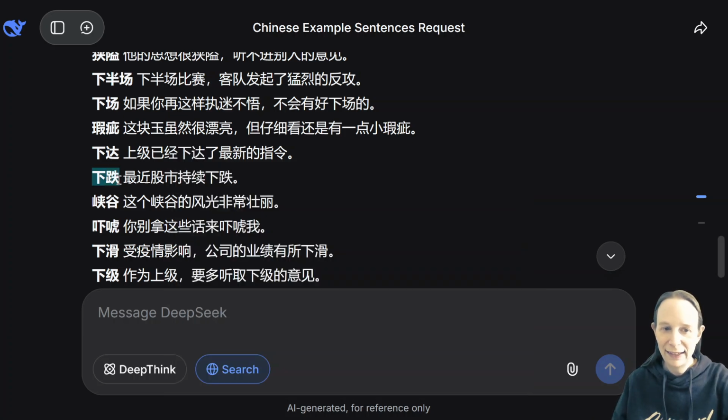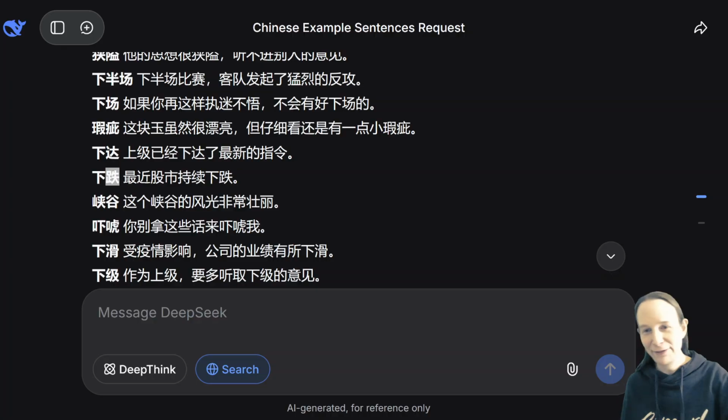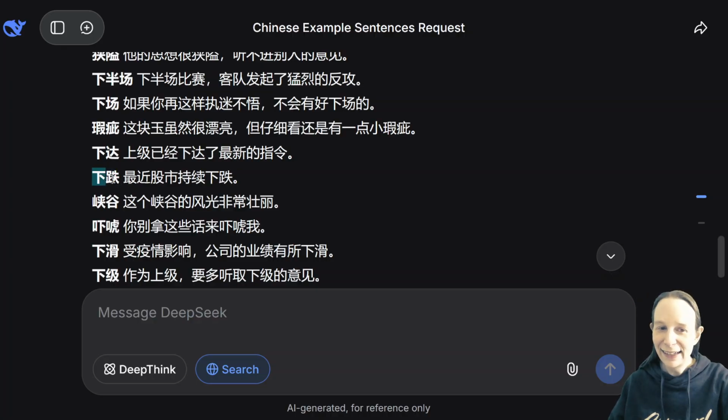Okay, so the 下 is the bosses, it's like issuing orders. 下跌. So 下 here just means to go down, right? Like tumble. You took a little tumble off the cliff. Usually it's like stock prices or something like this. 最近股市持续下跌. A little tumble.